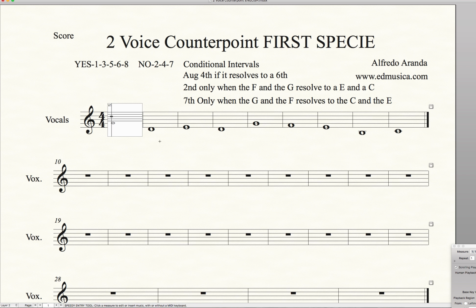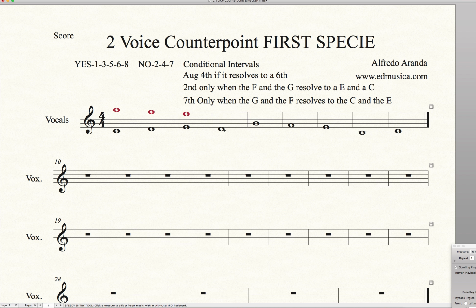So we're gonna start with the interval of a fifth. You can start with anything you want. Then remember, if you go up, C, D, you can go down. That's the preferred movement. Since I went up again, C, D, E, then I'm still gonna come down.